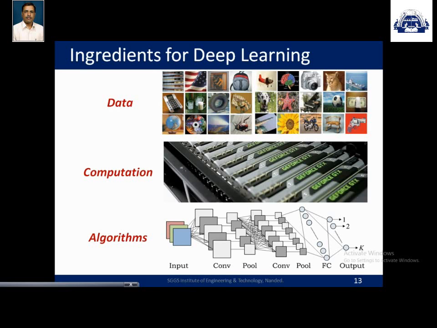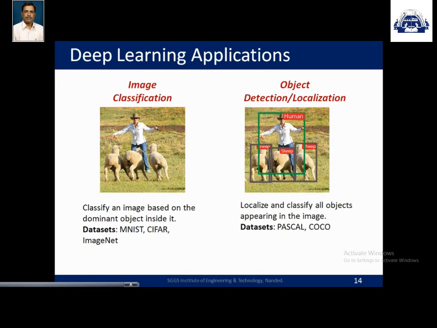There are newer applications of deep learning, such as image classification, where an image is classified based on the dominant object inside it. A bit more difficult application is object detection and localization, where we localize and classify objects appearing in the image.